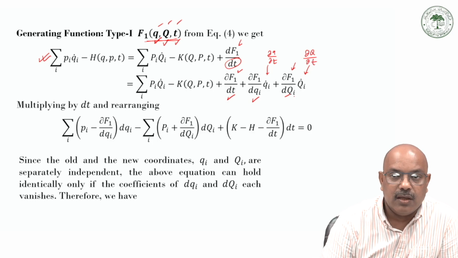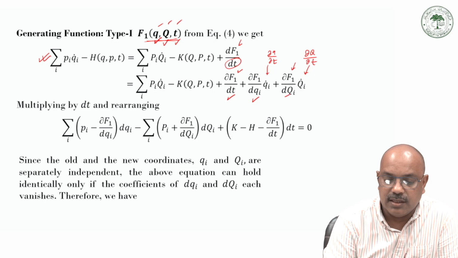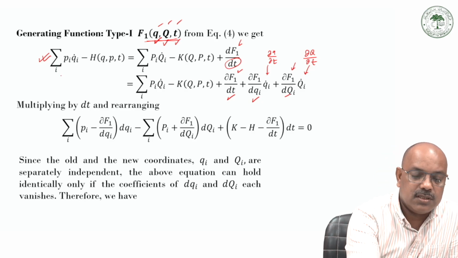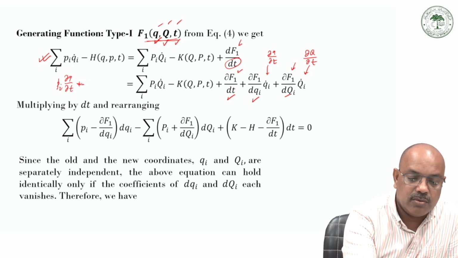Okay, now you see that if I multiply by dt on both sides, this is going to have delta q by delta t plus or minus h.